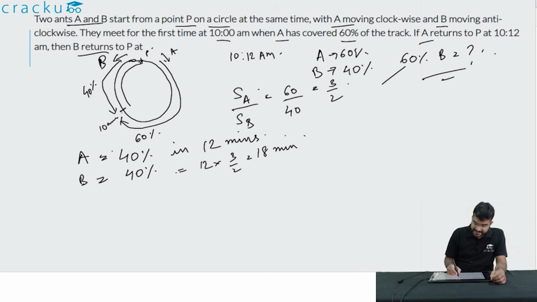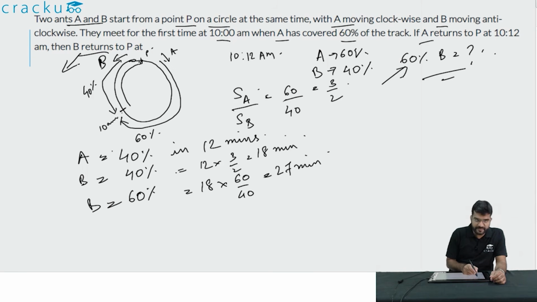But B has to cover 60% of the distance, not 40%. So for B to cover 60% of the distance, it is going to take 18 into 60 by 40, which is equal to 27 minutes. Therefore, B will return to point P at 10:27 AM.